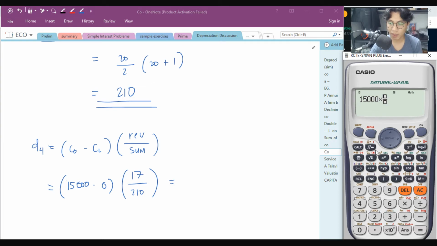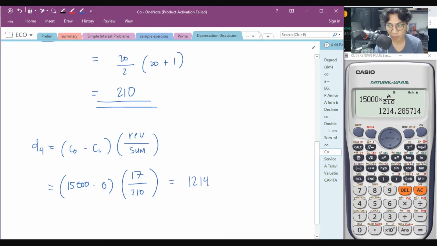The depreciation at the fourth year is 1214.29 PHP.